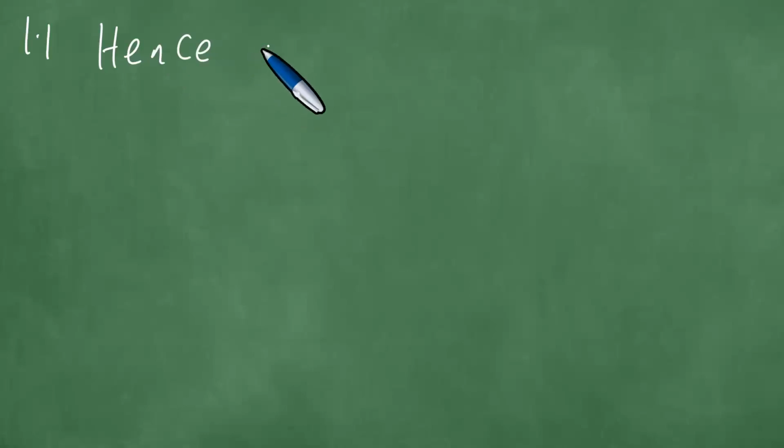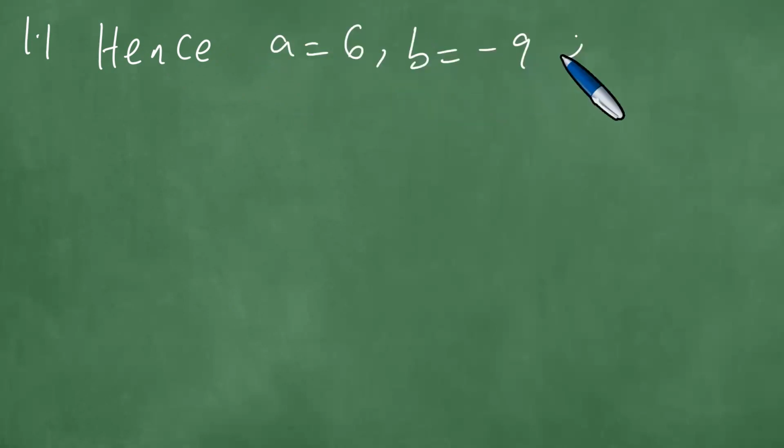Okay, and the observation in 1.1 is that a is equal to 6, b is equal to minus 9, and c is equal to 0.